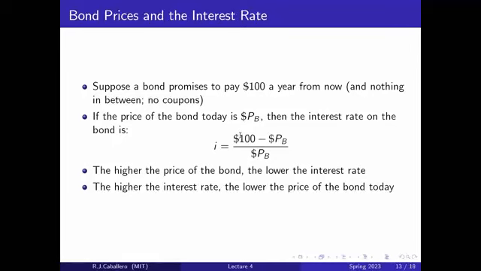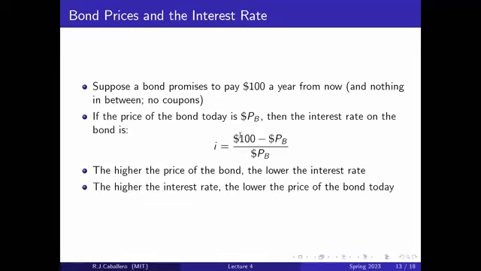That is, what is the excess return, or the return you get out of buying that bond? Well, it's going to be $100 minus whatever you pay today. Say you pay 95, then $5, divided by your initial investment, which was 95. Okay? So that's a bond that gives you a little bit more than 5% in a year. That's a return. That's the interest. So that's the connection between interest rate and prices.